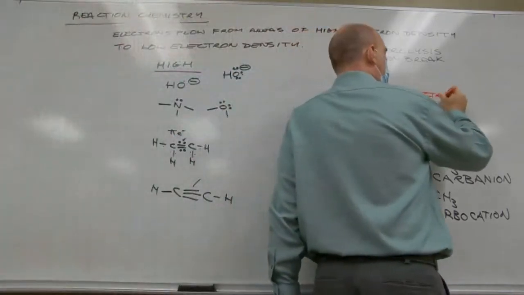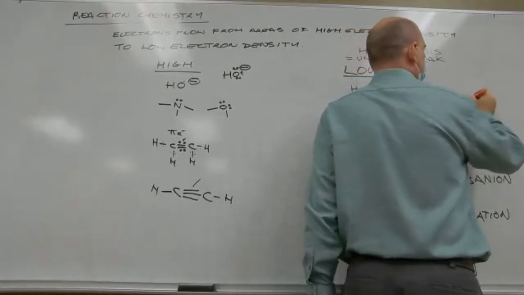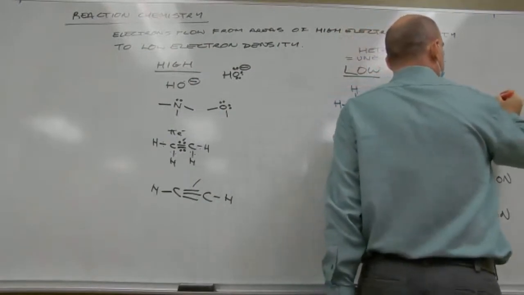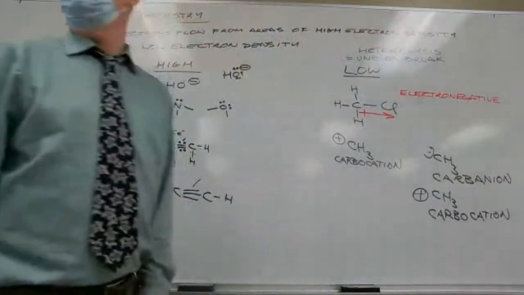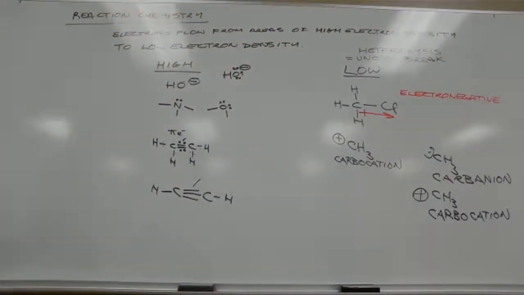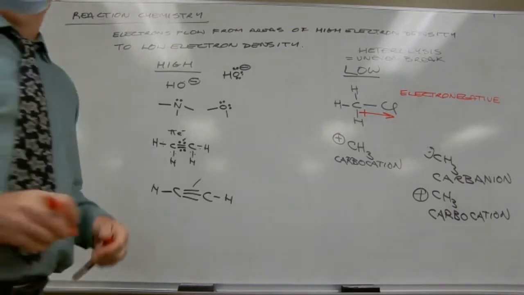And electronegativity is what? Definition of electronegativity, people at home. What is that? The tendency for an atom to pull electrons towards itself.